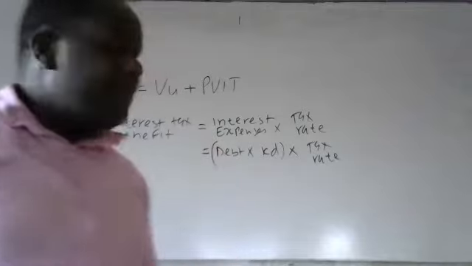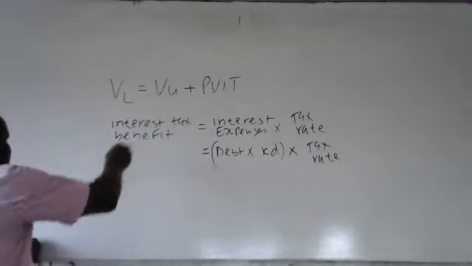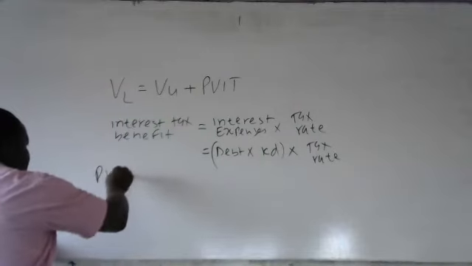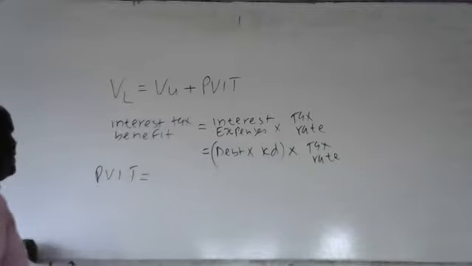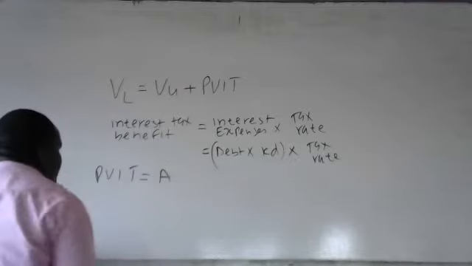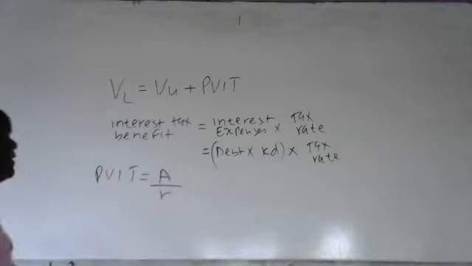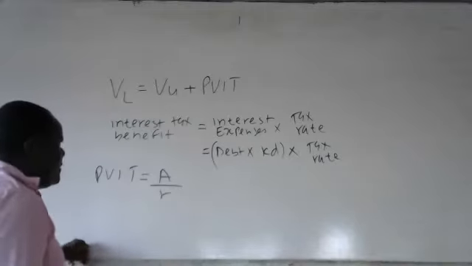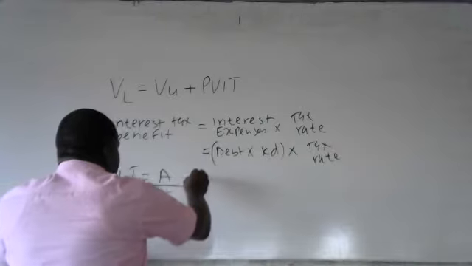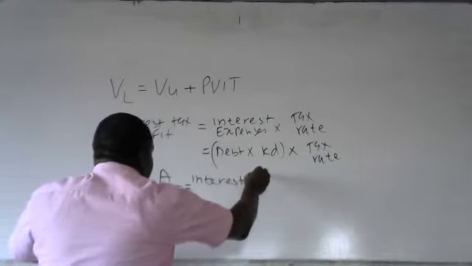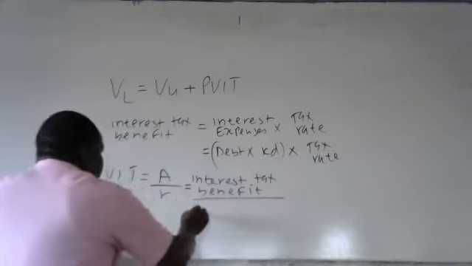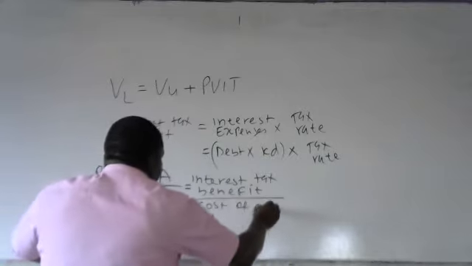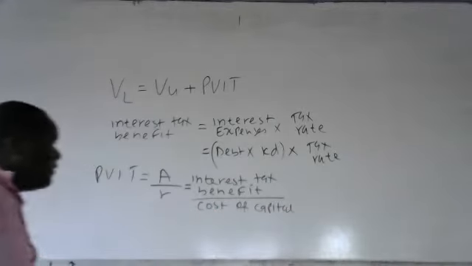Then from that portion, to compute the present value of the interest tax benefit, it will be the same as the annuity divided by R. That annuity is the interest tax benefit, and R is meant to be the cost of capital.